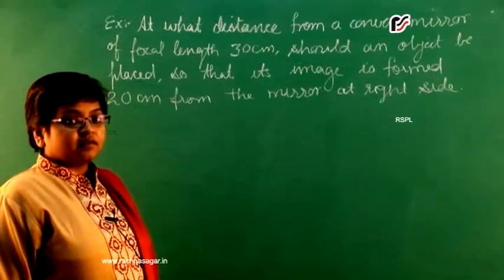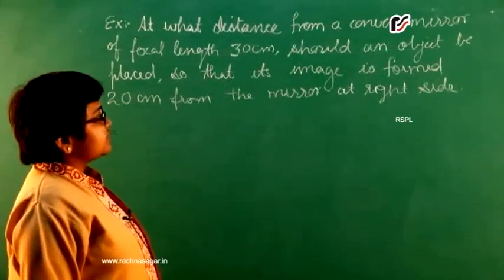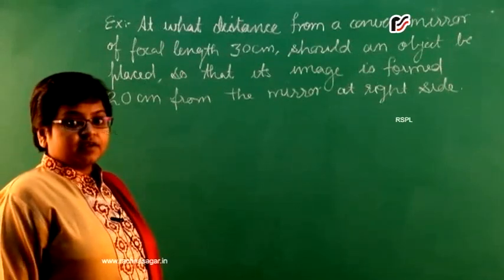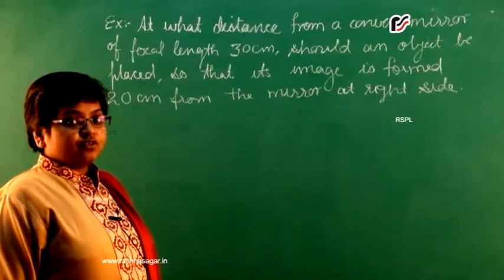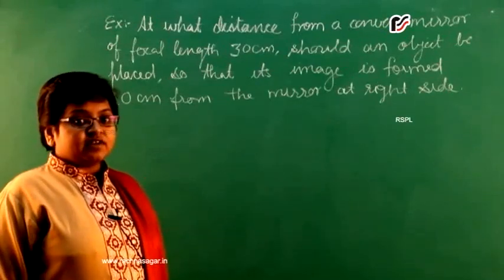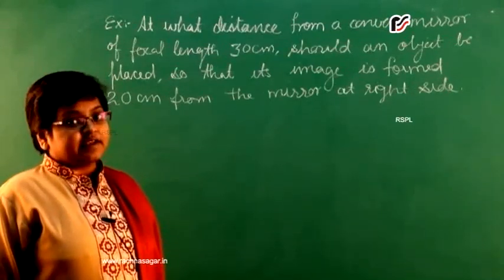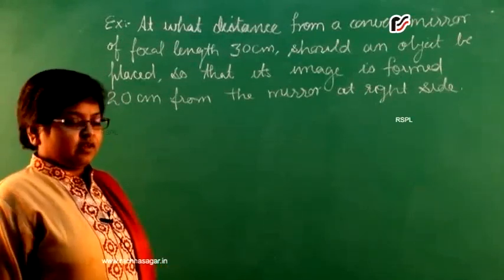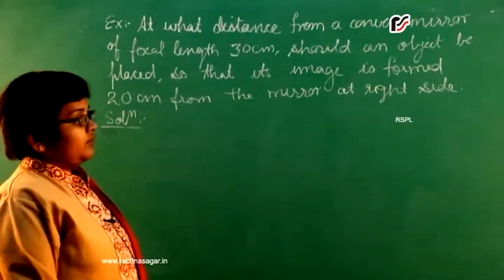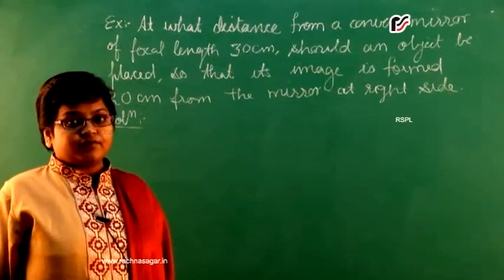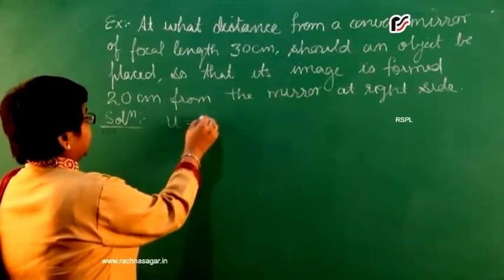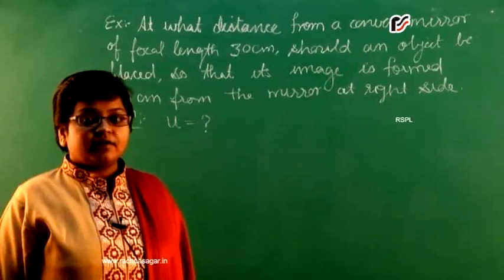Let us take a numerical. At what distance from a convex mirror of focal length 30 cm should an object be placed so that its image is formed at 20 cm from the mirror at the right side? First we analyze the question here. We find the distance of the object from the mirror, that is, we find the value of U. U is unknown here.